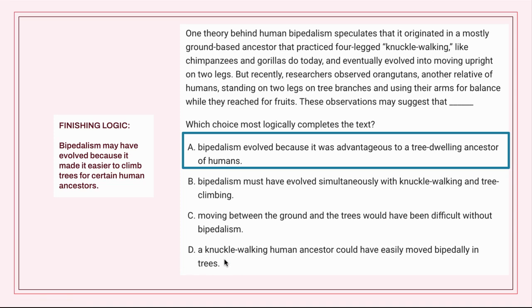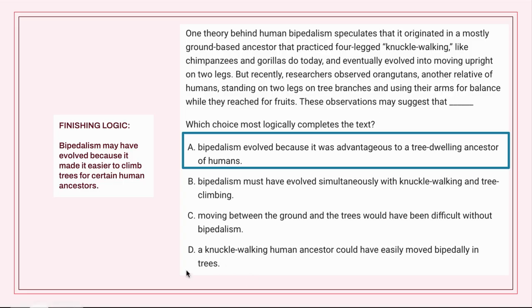D: a knuckle walking human ancestor could have easily moved bipedally in trees. Well, we don't actually know that, because we don't know if orangutans were knuckle walkers, and we don't know if a knuckle walking human ancestor could have easily become bipedal once they got in the trees. That's not really what it's talking about. We're just talking about these ancestors being able to move bipedally in the trees, and that's why humans evolved to walk bipedally from them.